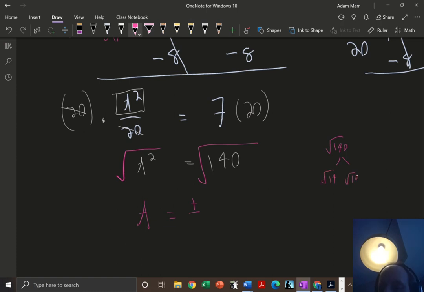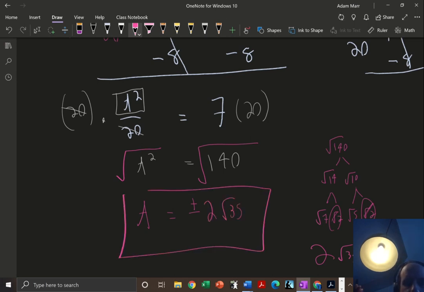Or maybe you can come up with a perfect square that goes into this. 4 does go into this, so that might be easier. Up to you how you want to do this. So it's going to be root 7 times root 5 times root 2 times root 2. Root 2 times root 2 is just going to be 2. I'll let you cross that out. And then root 7 times root 5 is root 35. So that comes out to 2 root 35. Oh, happy day. I'm done.